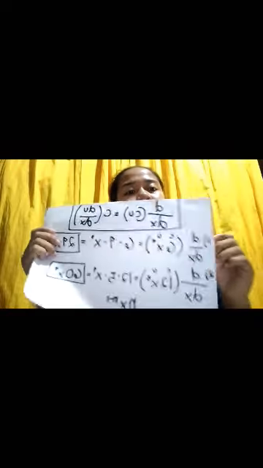So let's proceed to my second example. Derivative of 12x raised to the power of 5 with respect to x. Our constant is 12 times 5 times x raised to the 4. Again, bakit siya naging raised to the power of 4?